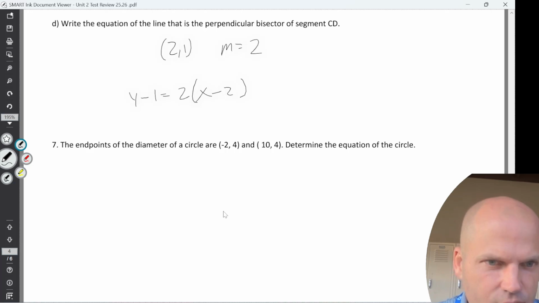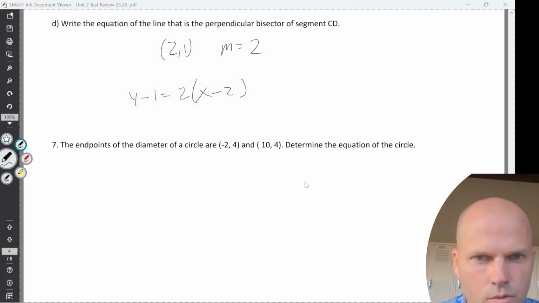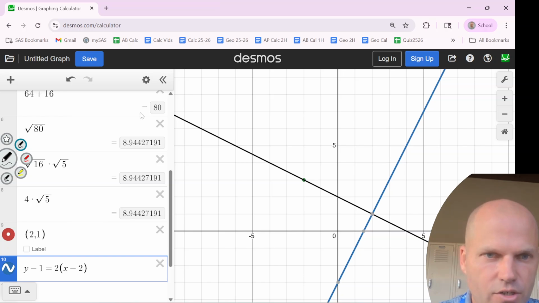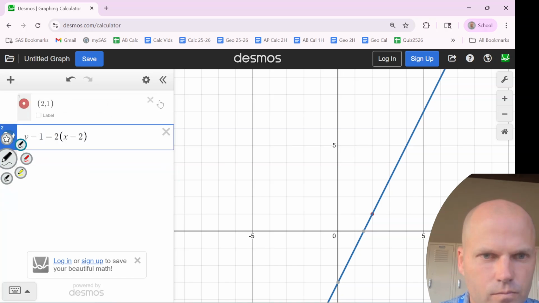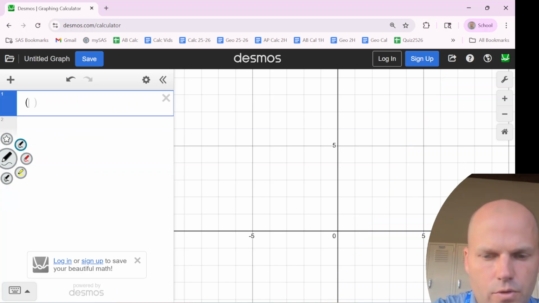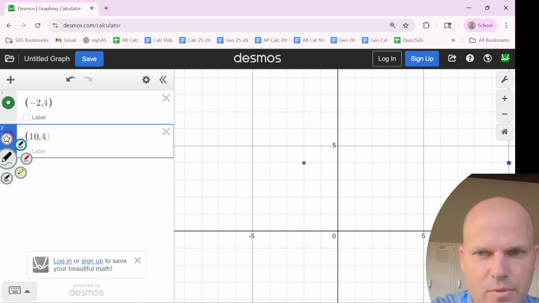The endpoints of the diameter of a circle are (-2, 4) and (10, 4). Okay, new question. I'm kind of done with that question. So (-2, 4) and (10, 4) create a diameter of a circle.